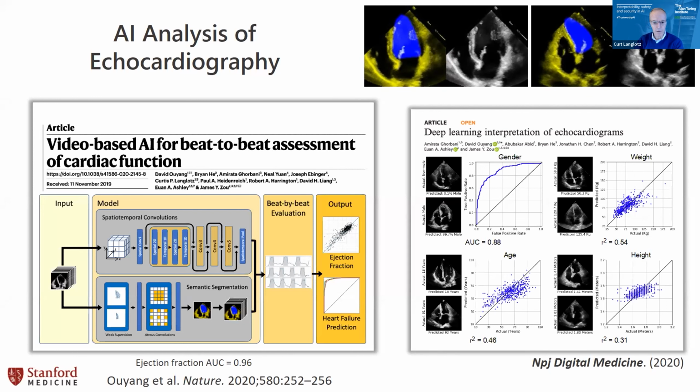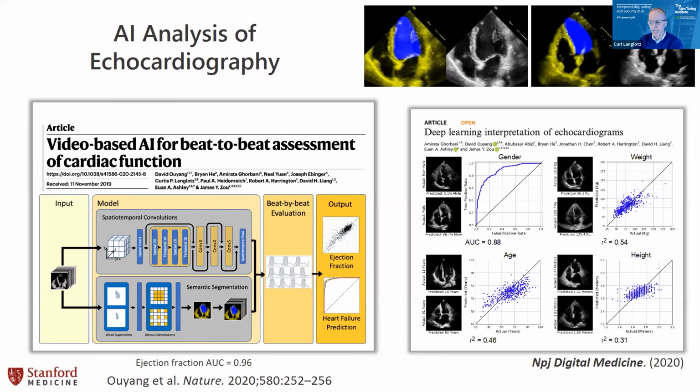He built a model that processed the video of an echocardiogram and was able to calculate accurately the ejection fraction to an area under the ROC curve of about 0.96. This was using semantic segmentations with dilated convolutions together with a spatiotemporal model. And it was trained at Stanford and externally validated using data from another hospital.